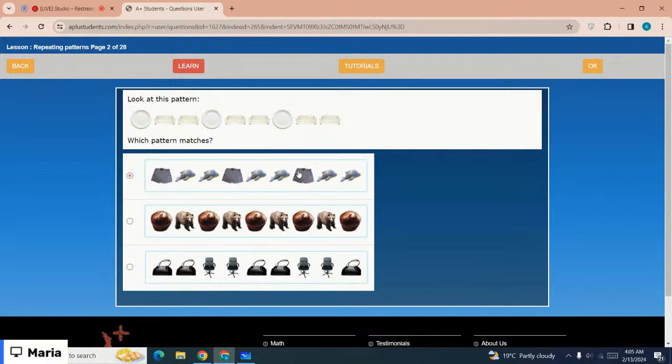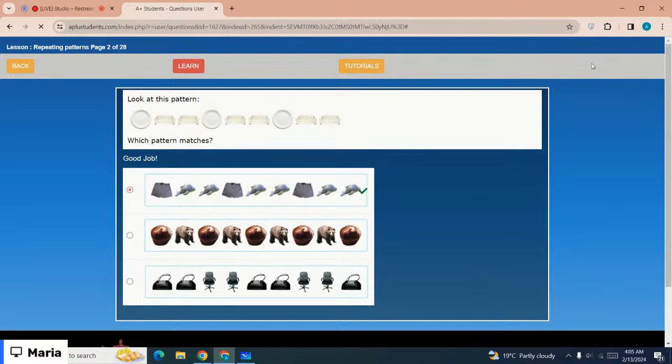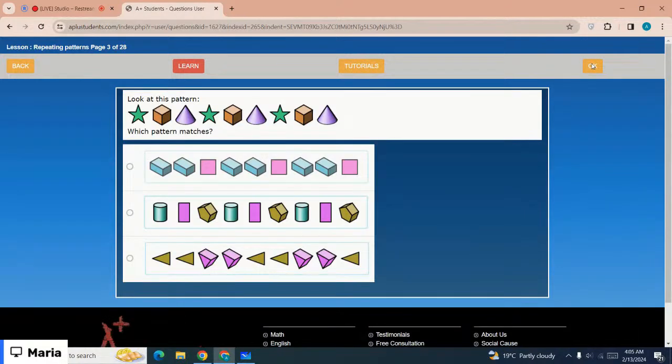It's okay if you already did this, you can answer then. Look at this pattern, star, square and cone, then again star, square and cone. So you have to find the matching pattern. Which pattern is matching? The one that has exactly the same things, right?